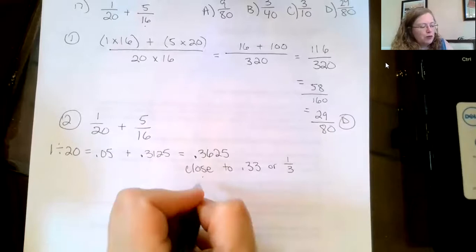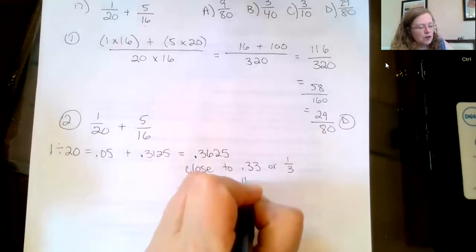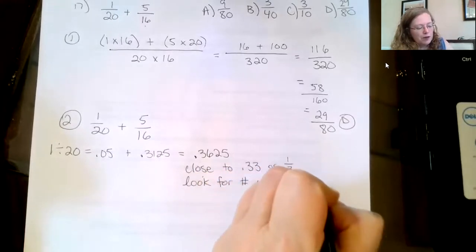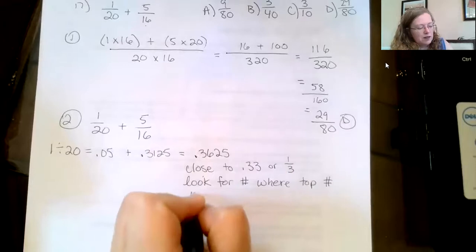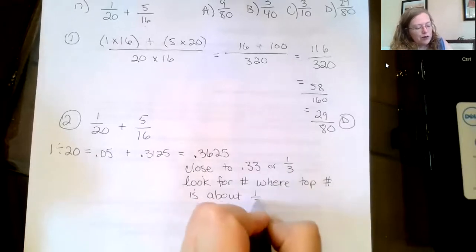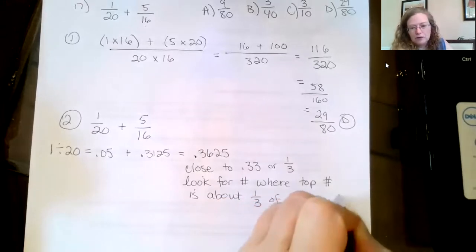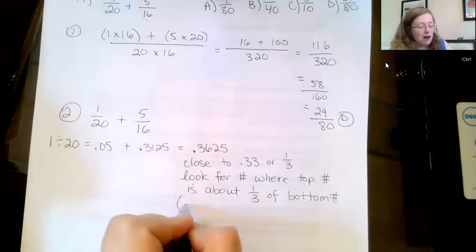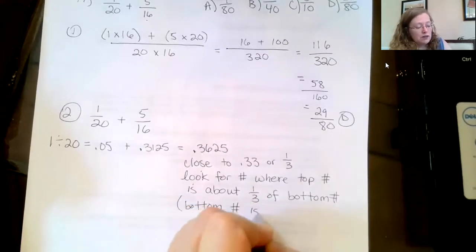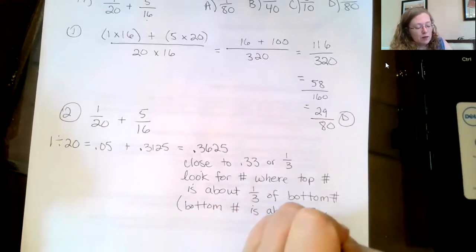So I'm going to look for a number where the top number is about 1/3 of the bottom number. Another way of thinking about that is the bottom number is about 3 times the top number.